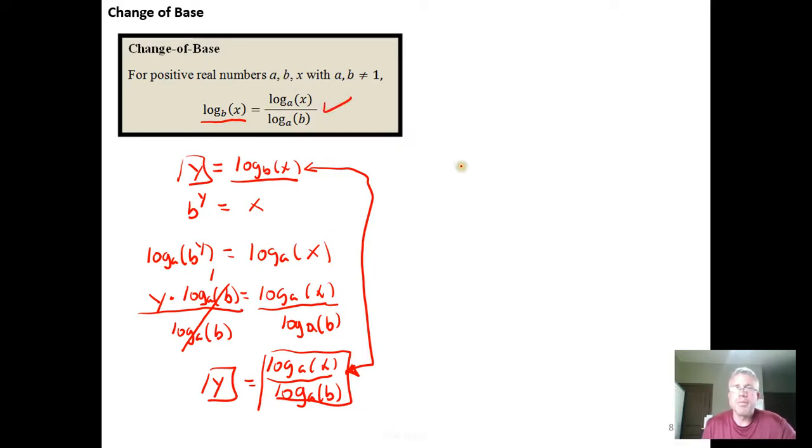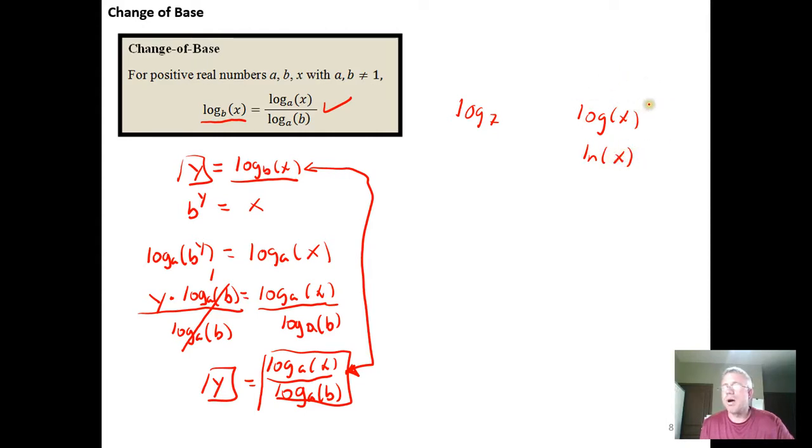And the primary importance of this particular property is if we are working with a logarithm base anything but 10 or e, then we don't have a key on our calculator to approximate it. So there's no way for us to do log base 7 on a calculator, but our calculator does have a log base 10 key, and it does have a natural logarithm key.